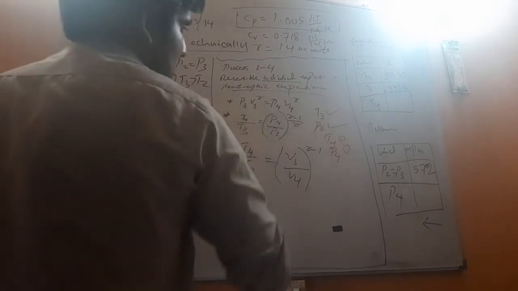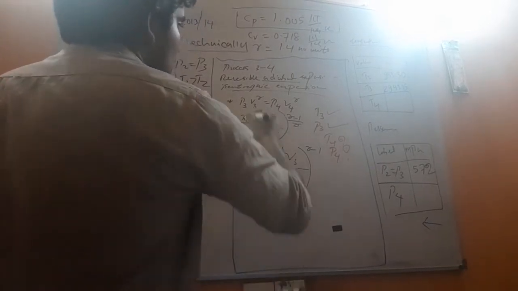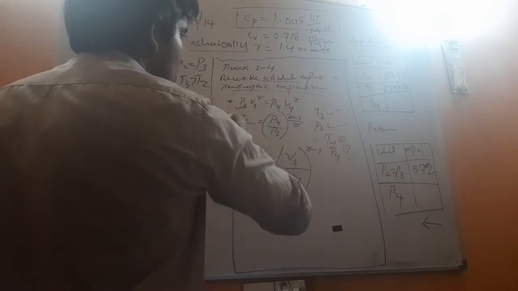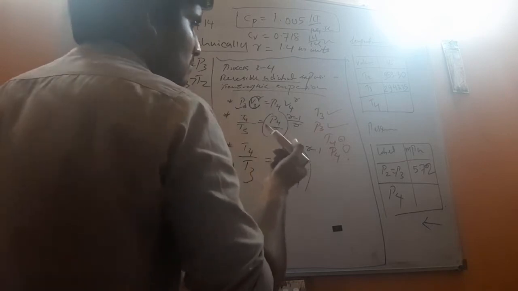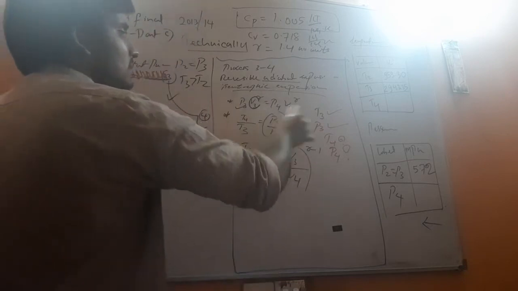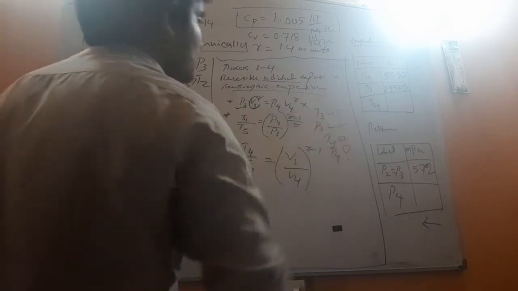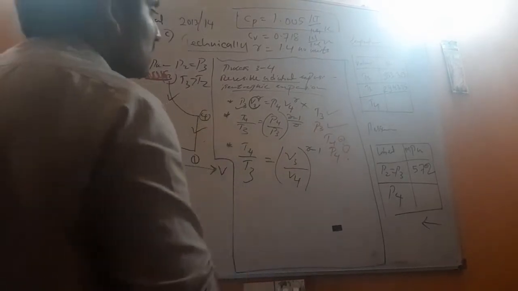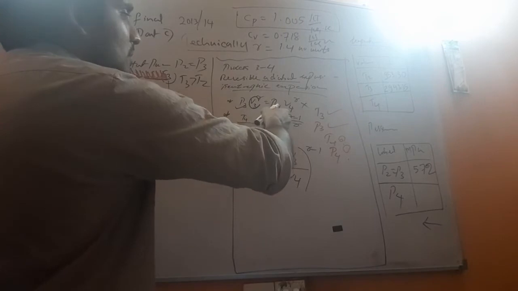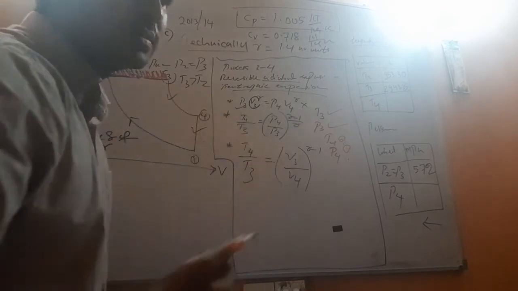Definitely can't, because P3 is okay but you don't know V3, so you cannot find these values. That is a very simple logic. You know P3 but V3 you don't know, P4 V4 definitely you don't know, so no chance.